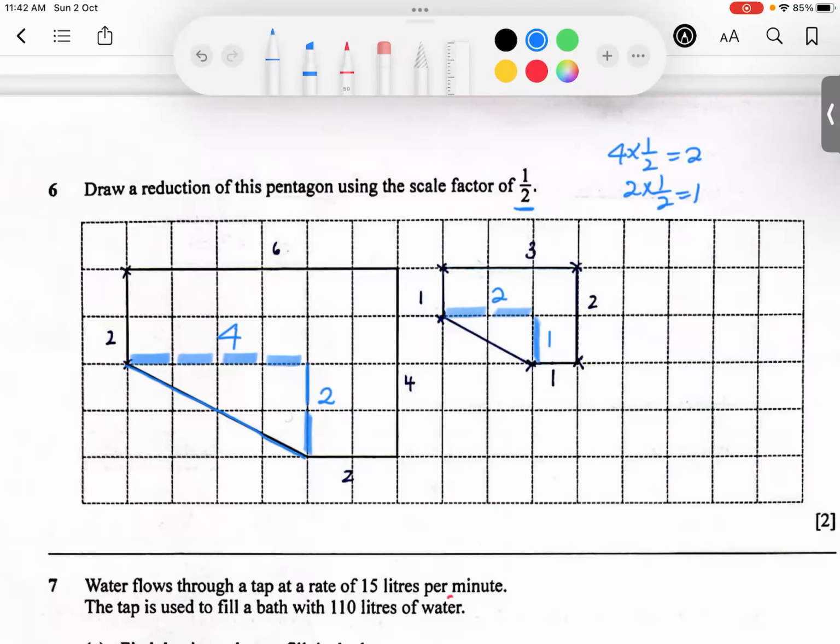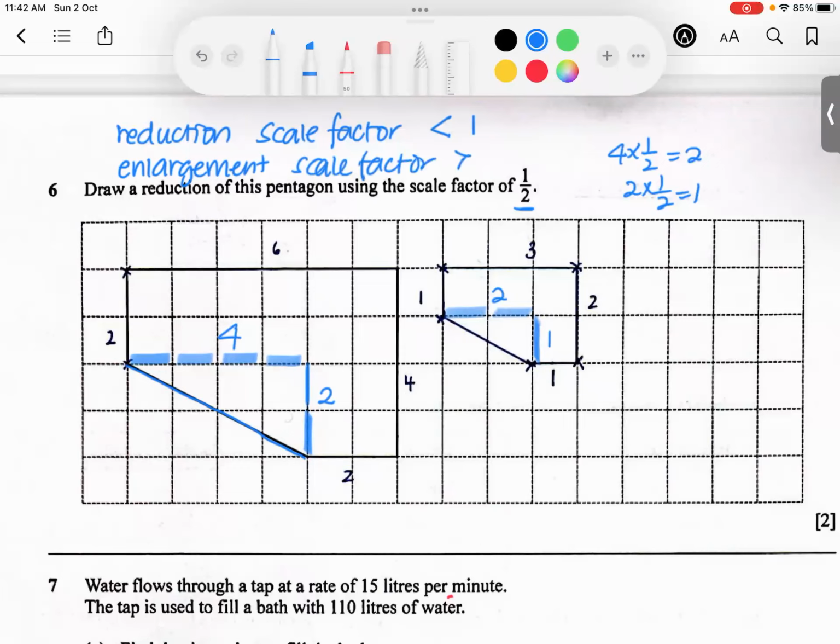If it's a reduction, the scale factor is smaller than 1. If it's an enlargement, the scale factor will be bigger than 1.